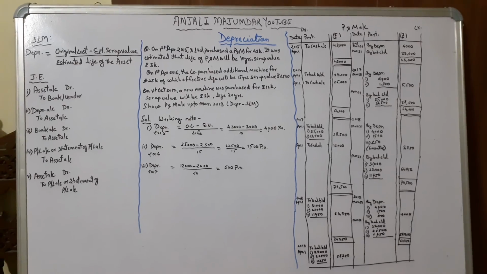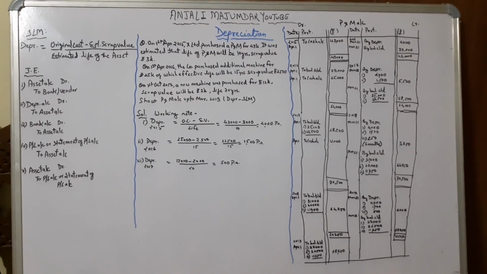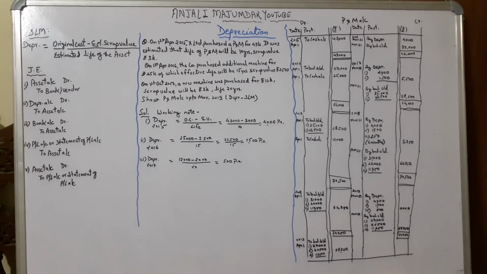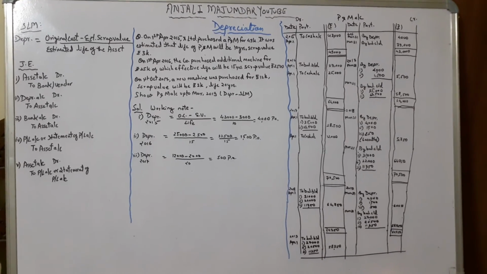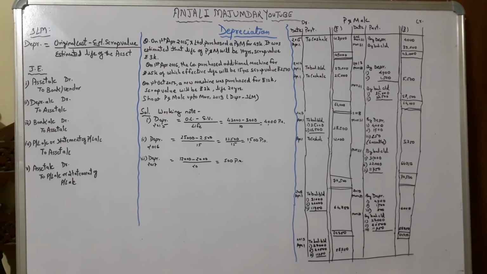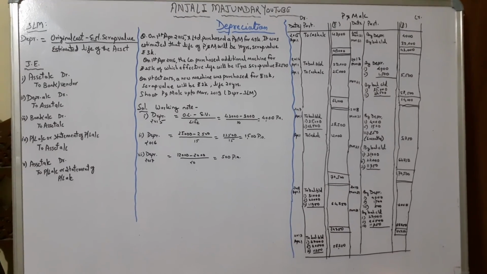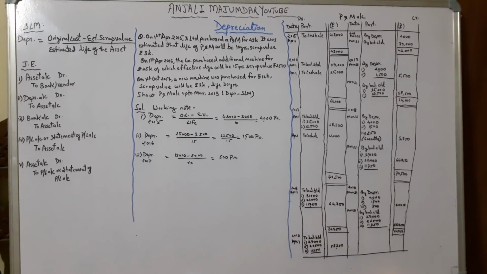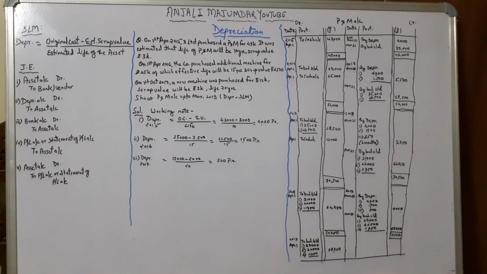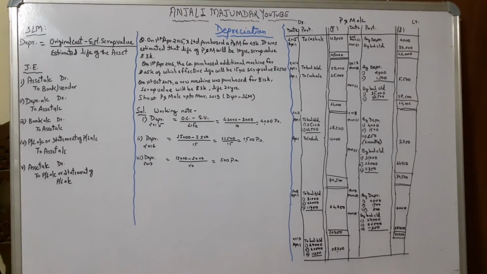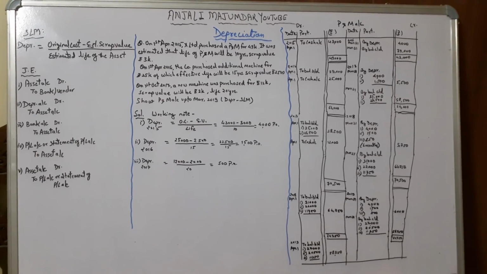Just in short, a small revision. Depreciation charged is recorded on the credit side, and this depreciation is deducted from the balance amount. That gives you the balance carried down. Whatever the balance carried down at year end, that is on 31st March, becomes the opening balance on 1st April, and then in the same way in the next year.